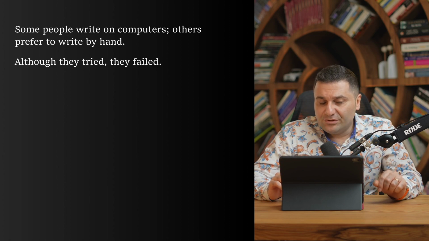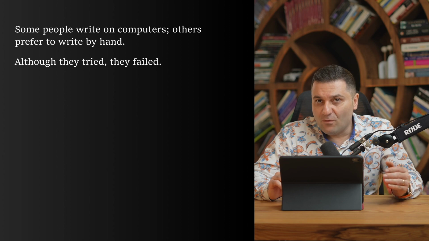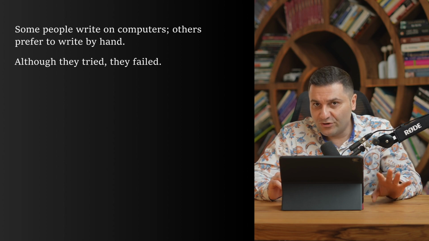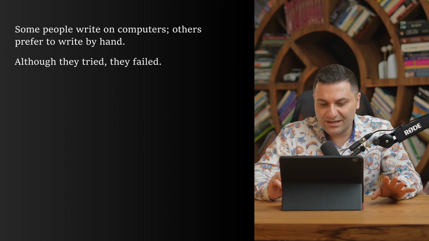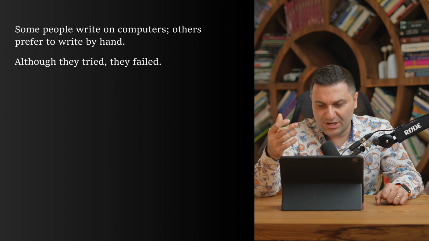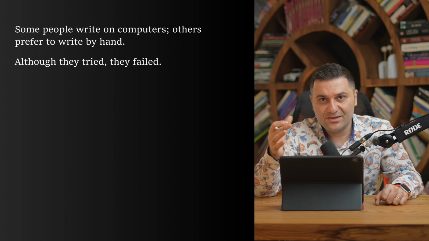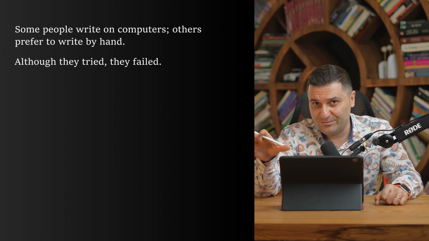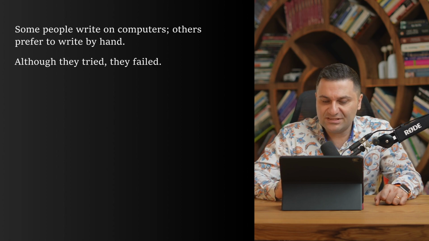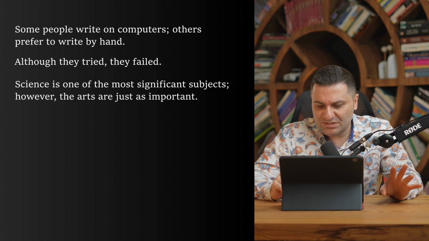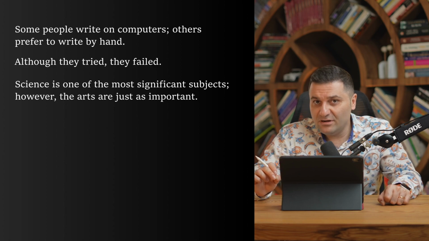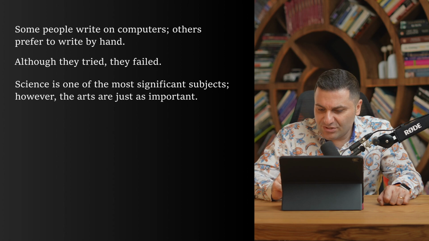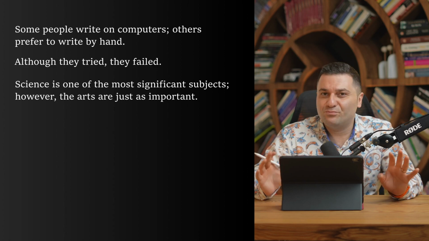Our third rule, use a semicolon before words or terms like namely, however, therefore, that is, for example, for instance, when they introduce a complete sentence, and they are sometimes followed by a comma. For example, science is one of the most significant subjects; however, the arts are just as important.